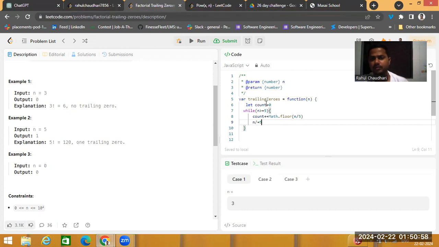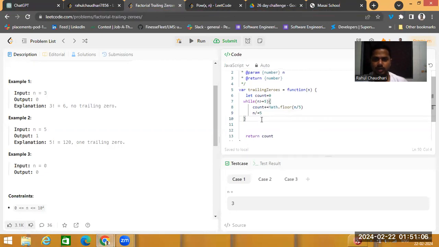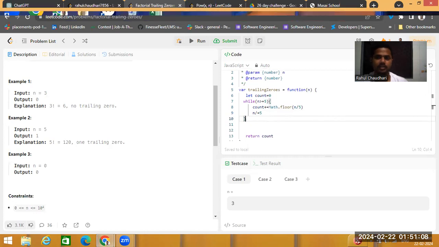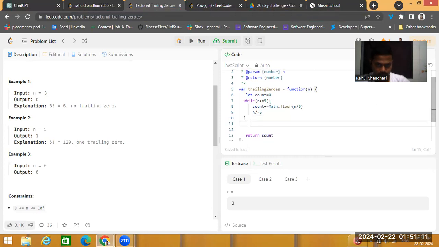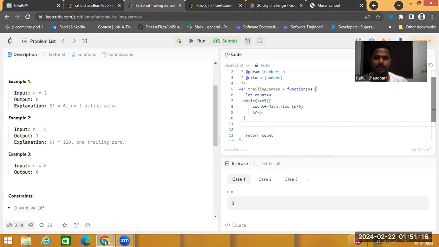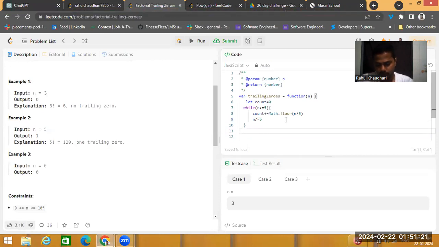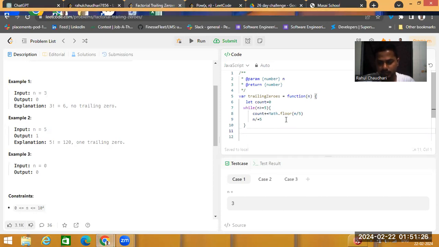So if we consider the result, 5 plus 1 means we get 6. So if we take 25 factorial, there are six zeros, because every 25 has two factors of 5, right? Like 50, 75, 100, and every 125 has three factors.